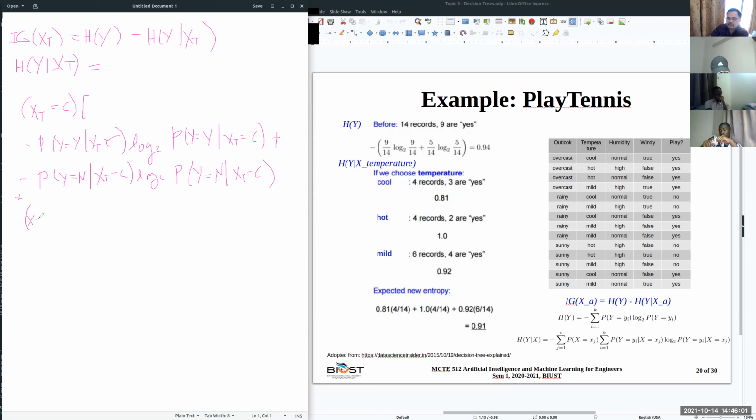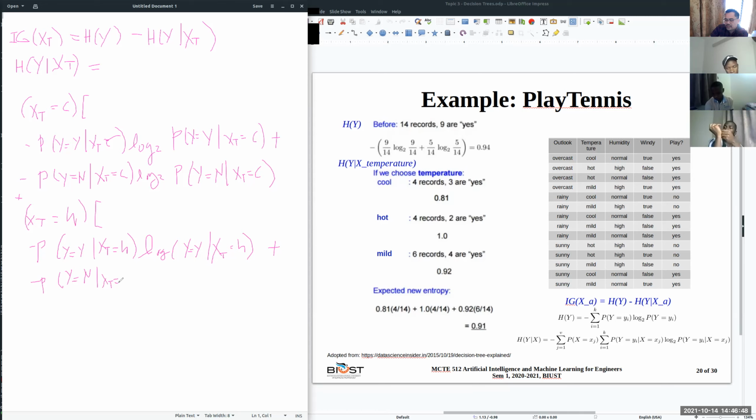Now for xt equals hot, then multiplied again, the same thing, probability of y being yes, given temperature being hot, log 2 of y being yes, given temperature being hot, plus the negative of y being no, because you go through all the possibilities of the output.